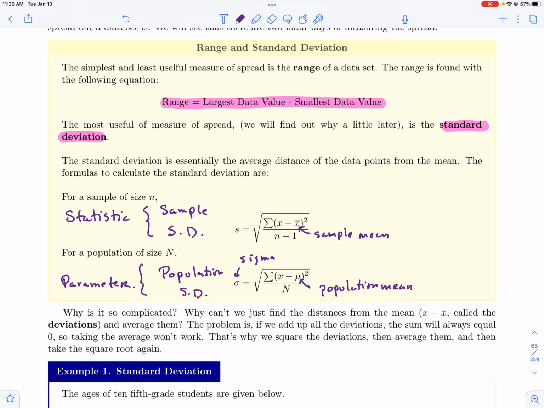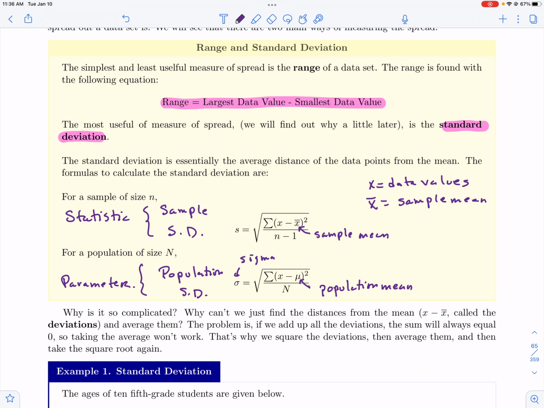So just so I can summarize what's going on with this formula, if you were to think about this in terms of order of operations, the x represents all of our data values. The x bar is of course our sample mean.